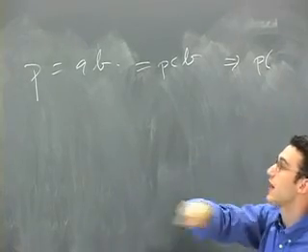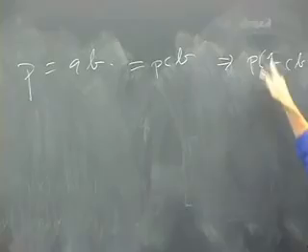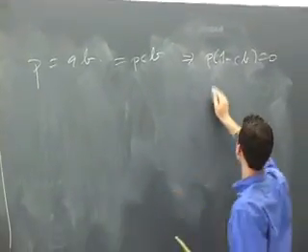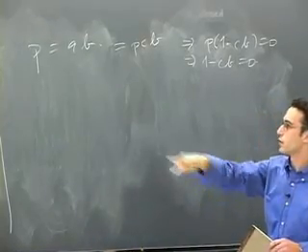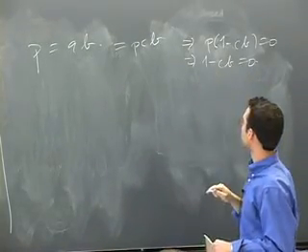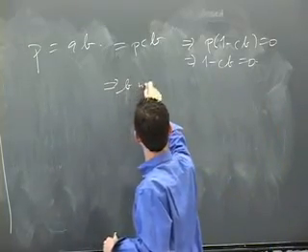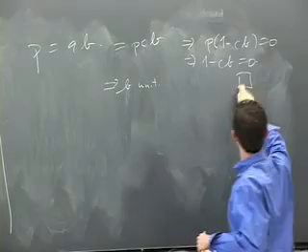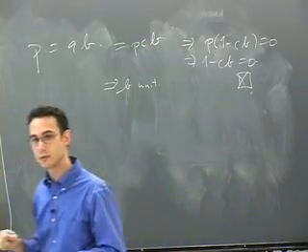We needed that as a hypothesis. So P(1 minus CB) equals 0, and since P is not 0 by hypothesis, this implies 1 minus CB equals 0. That's the definition of domain. So C is an inverse for B, so B is a unit. So we've shown that P must be irreducible.